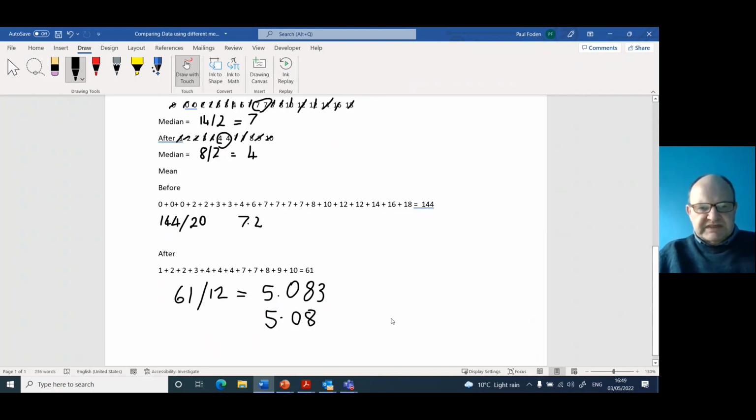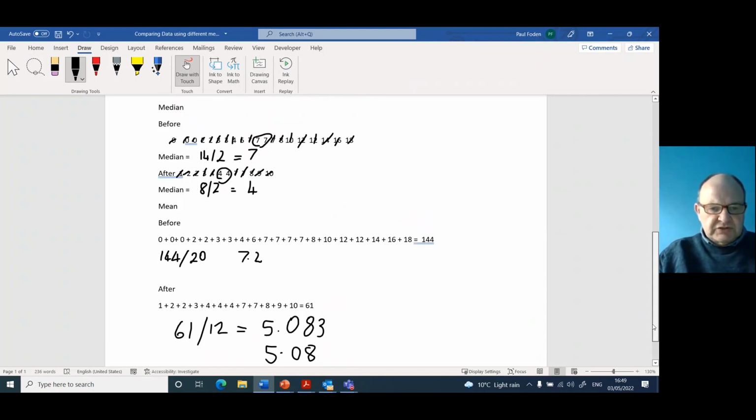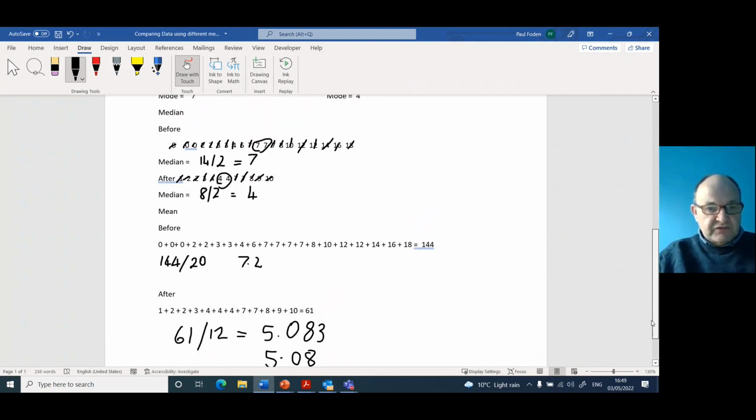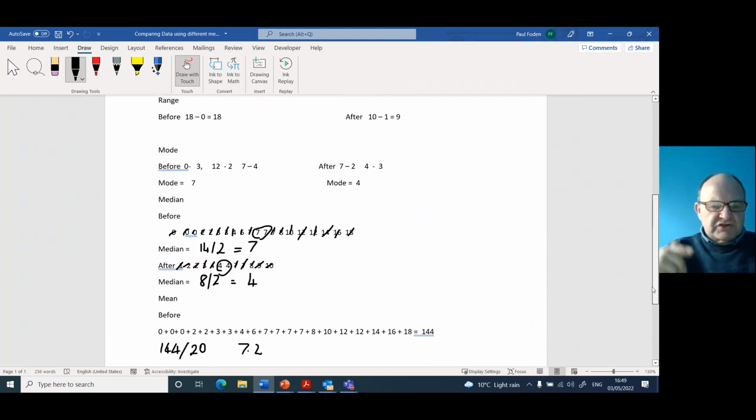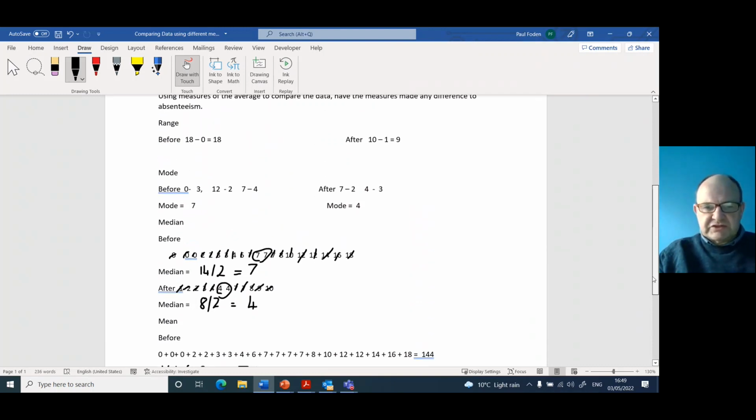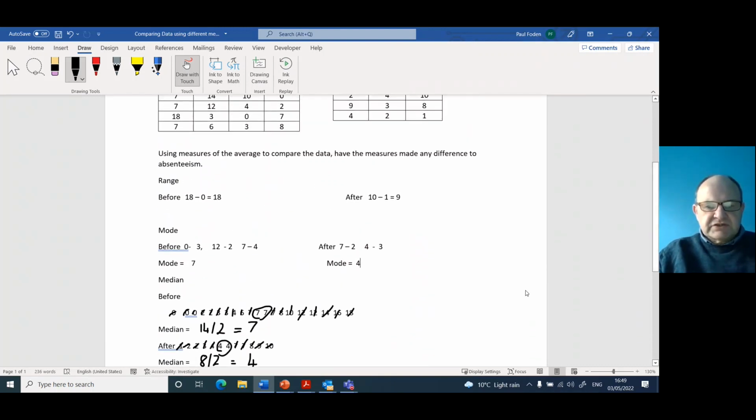So if we look at all the data, we find the mean has gone down from 7.2 to 5.08. So it looks as though with the mean, it's made a difference. The median has gone down from 7 to 4, so it looks as though that's made a difference. The mode has also gone from 7 to 4, and our range has gone from 18 to 9.